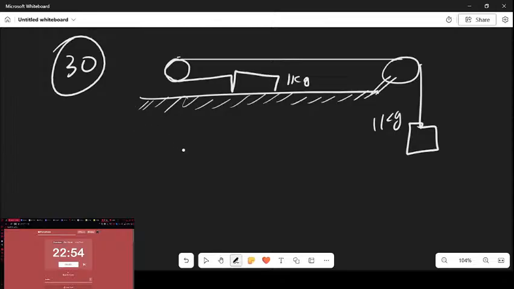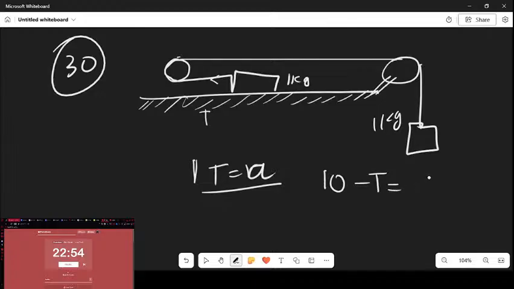Okay. Tension T. Tension is equal to acceleration, since it's 1 kg, and here 10 minus T is equal to acceleration. 2a is equal to tension, and acceleration is equal to 5 meters per second square.